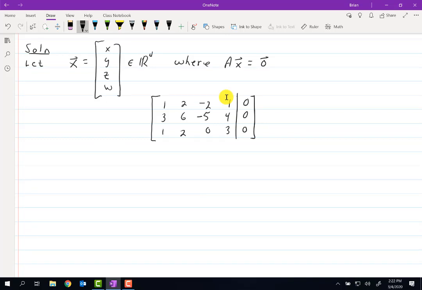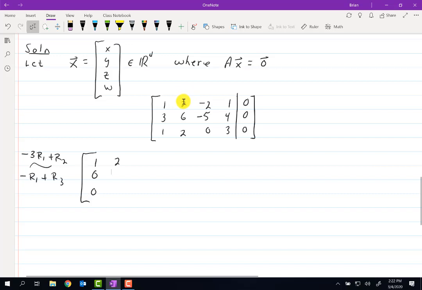Okay, so I am going to multiply the first row by negative 3 and add it to the second row. And then I'm going to just take the negative of the first row and add it to the third row. So 1, 0, 0, 2. Negative 3 times 2 is negative 6, so I'll zero out that entry. Then just negative 2 plus 2 will zero out that entry.